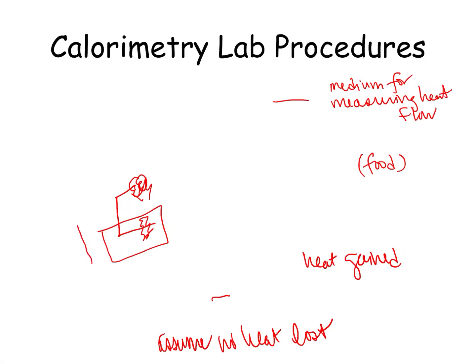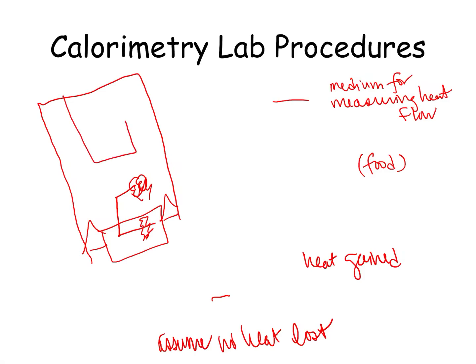Over the top you're going to put your big calorimeter over the top, which has holes on the bottom, and this calorimeter is a metal can, and hanging over the top we have a cardboard can, and in the cardboard can we have water.